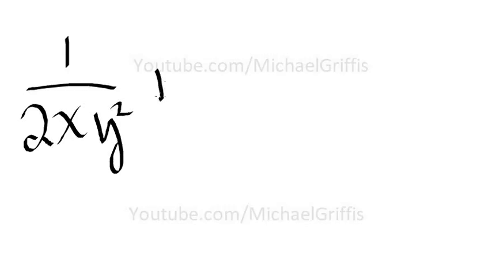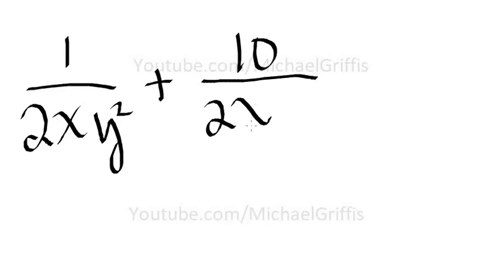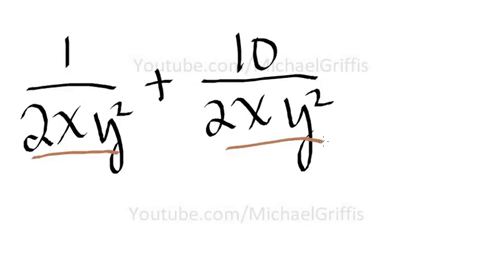Let's take a look at another one here. 1 over 2x y squared plus 10 over 2x y squared. So as you can see, the denominators are the same.